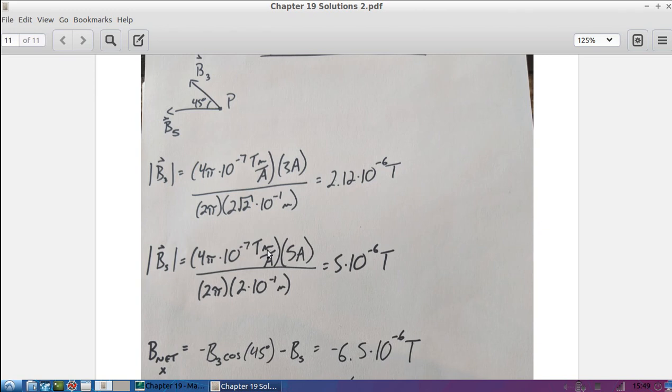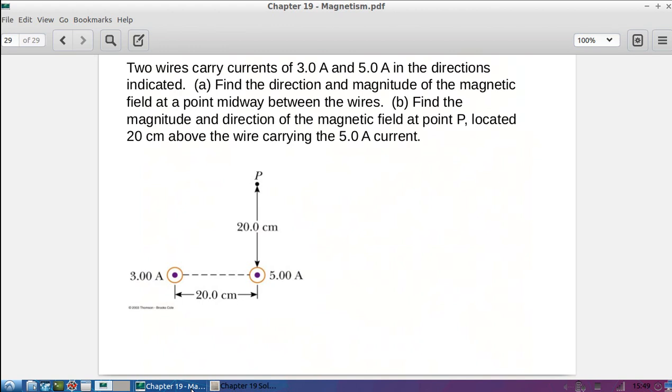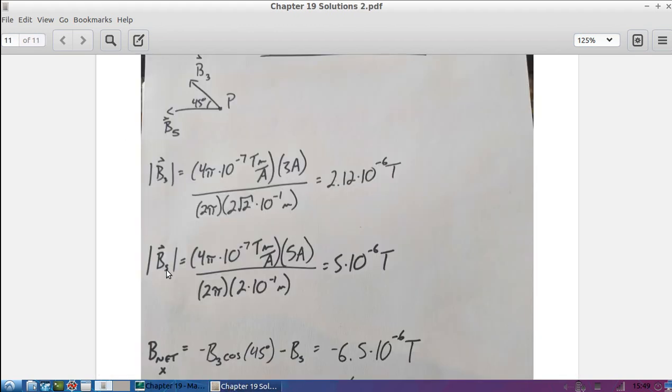So mu naught, 5 amps, over 2 pi times 20 centimeters. So 20 centimeters is the distance between the 5 amp current carrying wire and point P. So I get a magnitude of 5 times 10 to the negative 6 Tesla for B5.